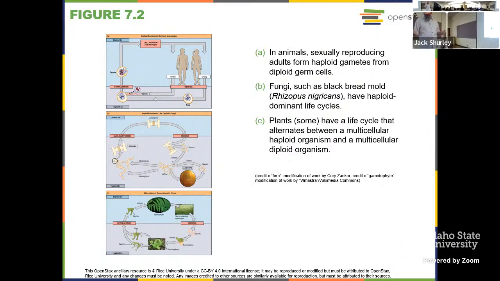This happens as puberty starts and egg and sperm cells start being generated, right? So that's the idea with this first bit, right? Diploid organisms producing haploid sex cells that generate diploid organisms, right? The organism itself is always diploid, right?